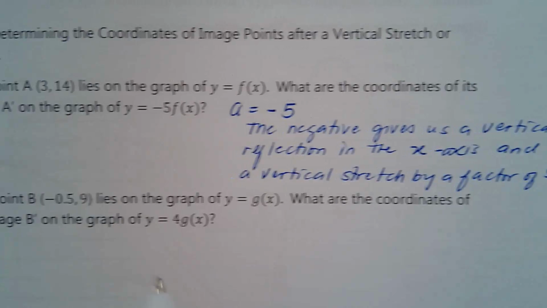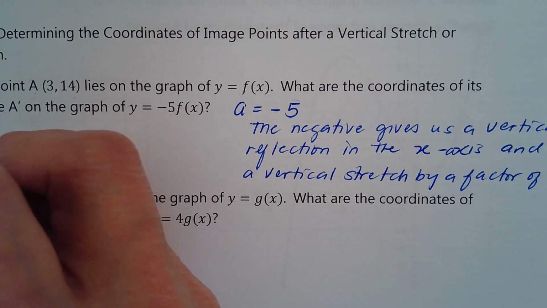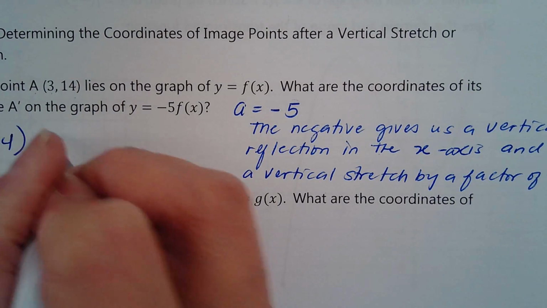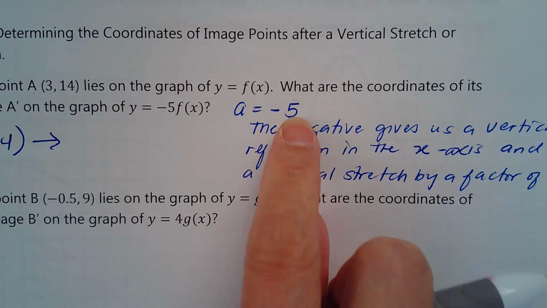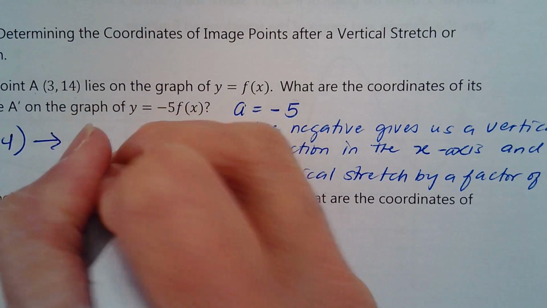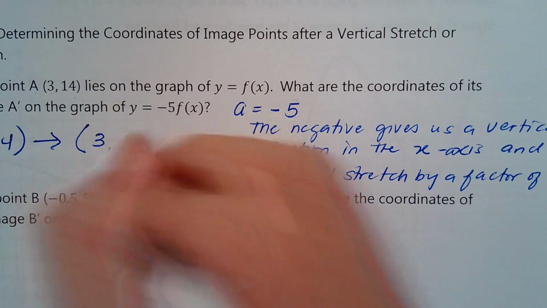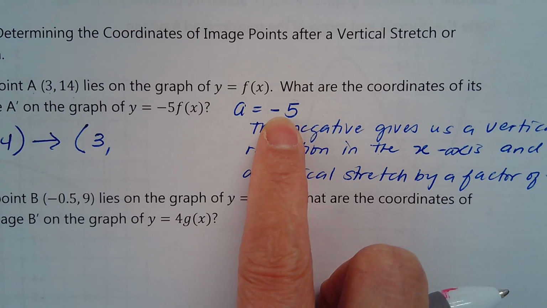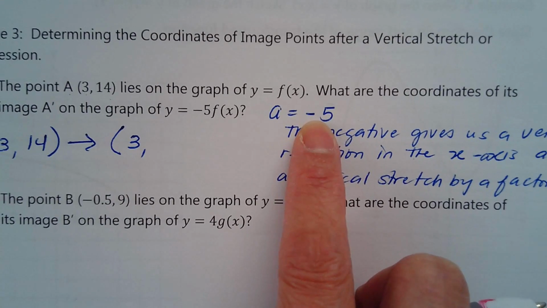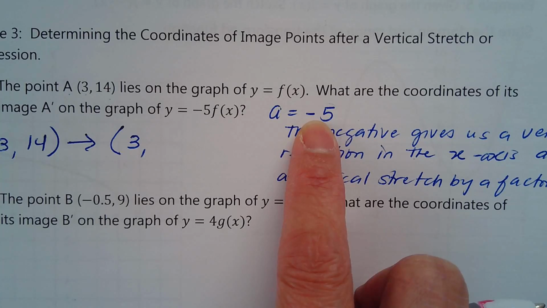Okay, so this is the x, y, (3, 14). Now we're going to do the image. Because this is a vertical, the a, so the x stays the same. And what happens to the y? Becomes -5 times 14.